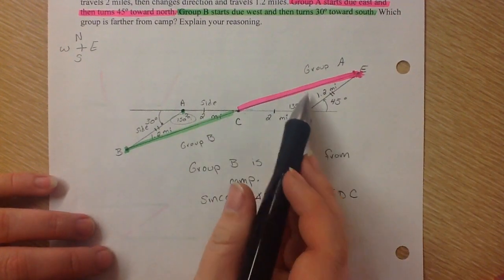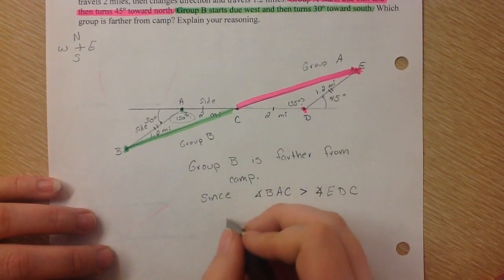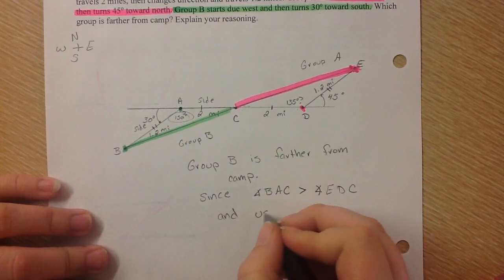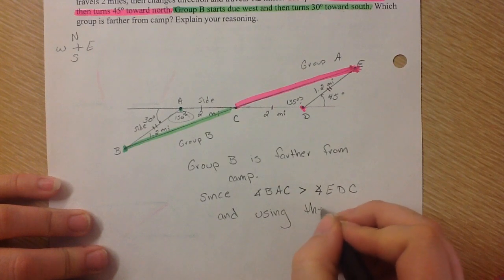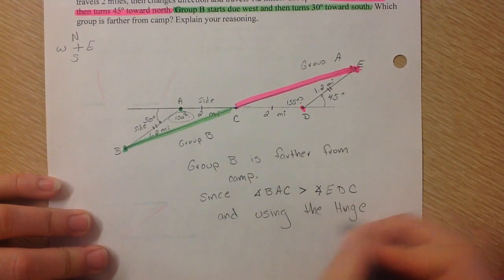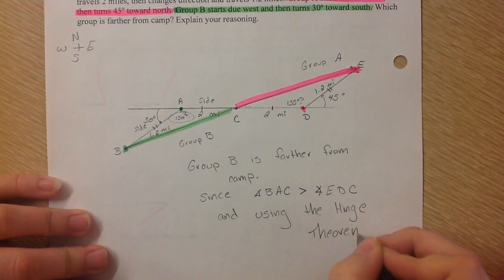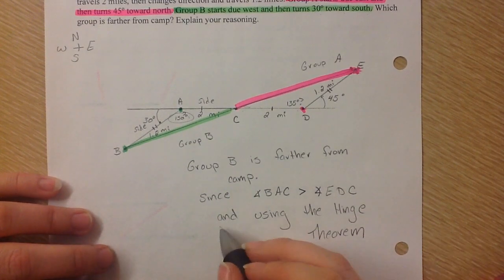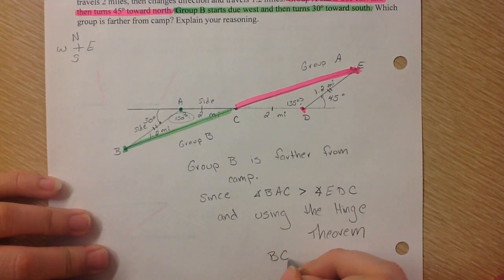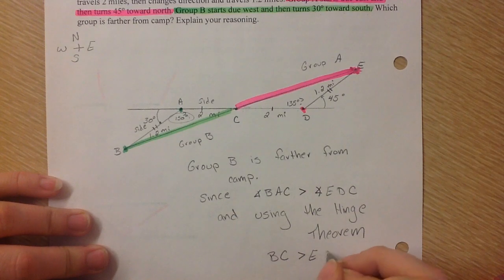And so since the angle's bigger, the opposite side's bigger, and using the hinge theorem, we know BC would be greater than EC.